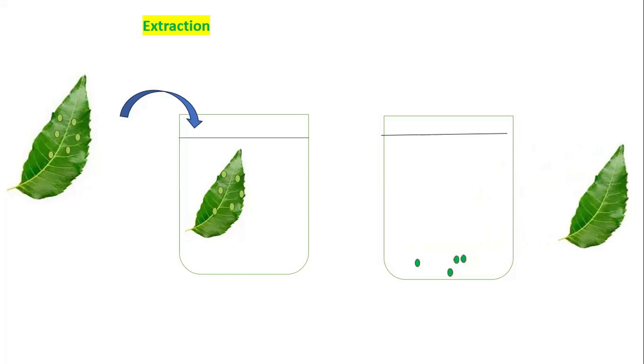The solvent which is used for the extraction purpose is known as the menstruum. After extraction, the extract you get is known as the micella, and the leaf or residue left after extraction is known as the marc. So this is the simple extraction process.